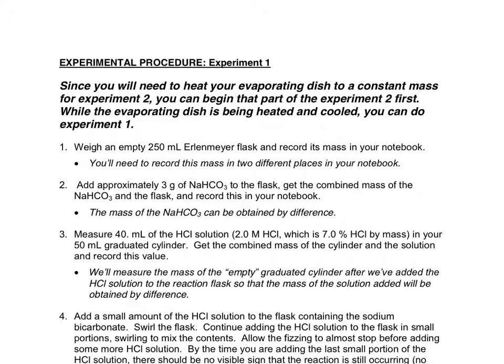Step number 3 says, before you combine your HCl to this, get a mass of your HCl in your graduated cylinder. Record it. And then after you've emptied it, you're going to weigh it back. By difference, you get the mass of your HCl solution.